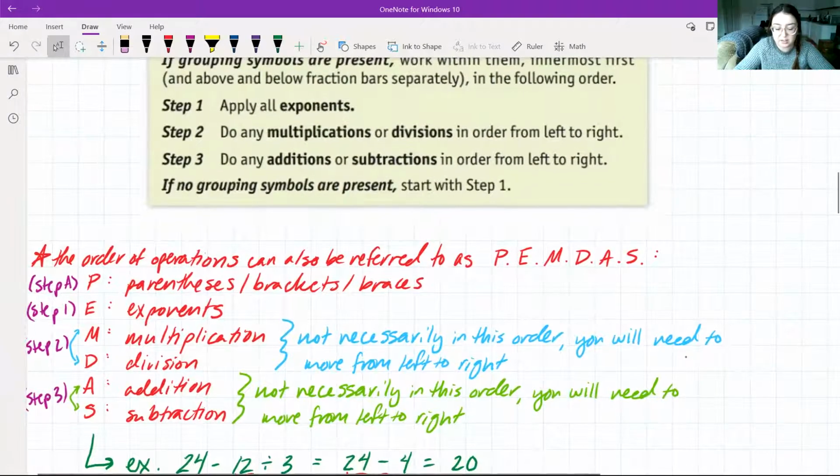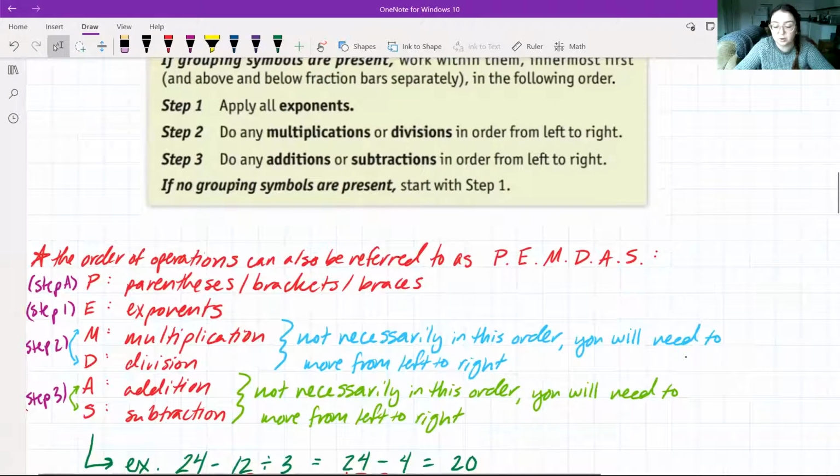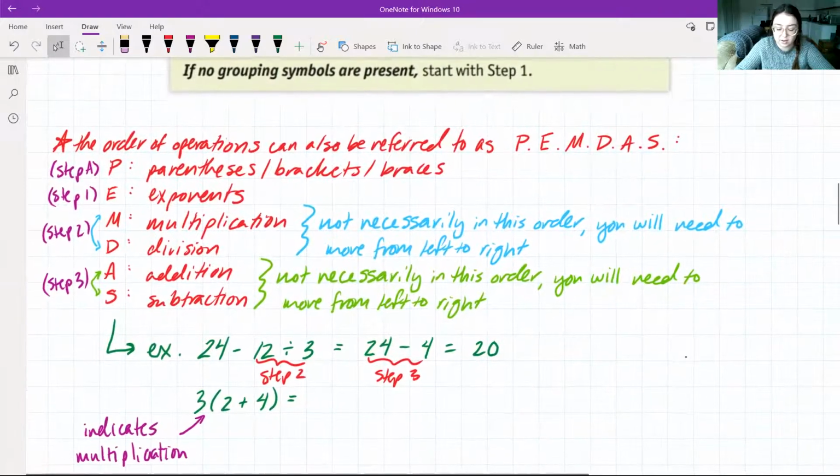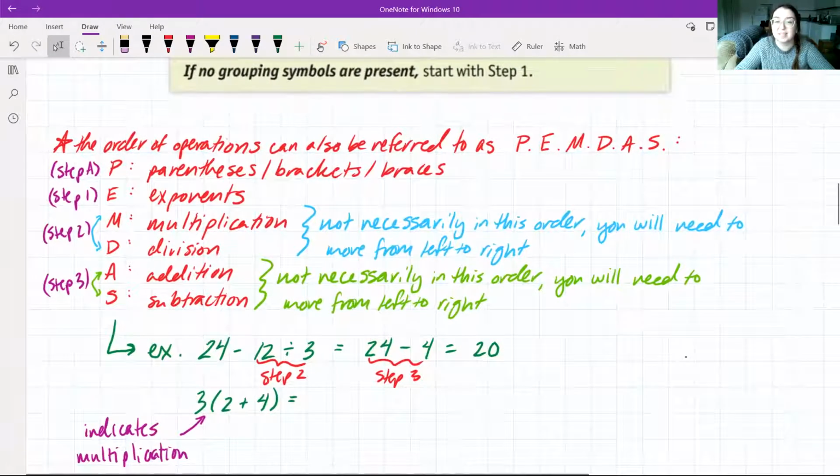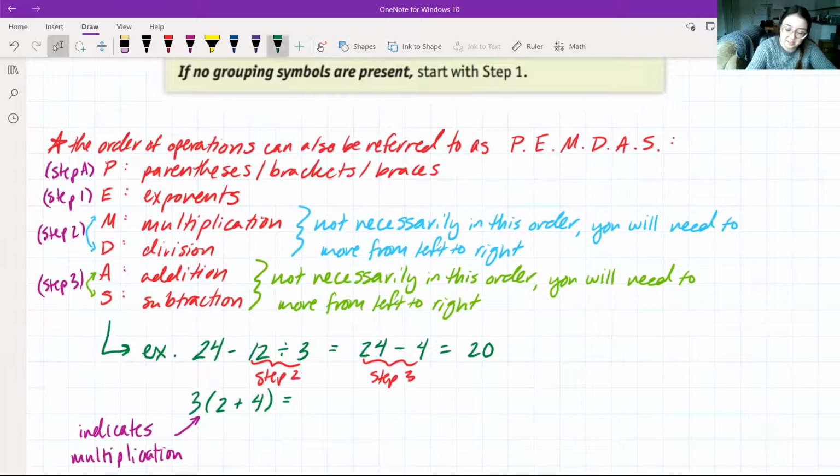Then in step 3, do any additions or subtractions in order from left to right. 2 plus 4, that's addition. So, moving from left to right, this is going to give us 3 times 6. So we can rewrite this again as just 3 times 6.